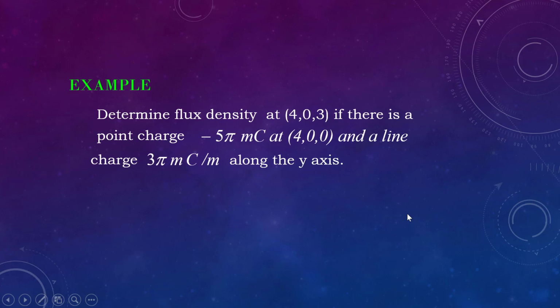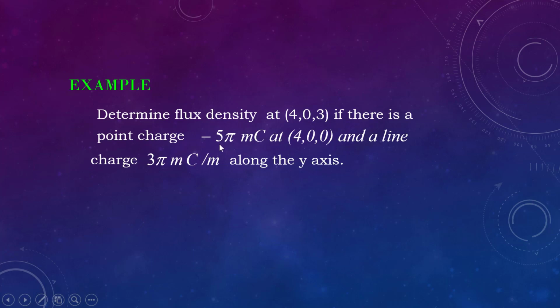Let us solve one example on flux density. In this example, determine the flux density at point 4, 0, 3 if there is a point charge of minus 5 pi millicoulomb present at 4, 0, 0 and a line charge of 3 pi millicoulomb per meter present along the y-axis. So two charges are given.